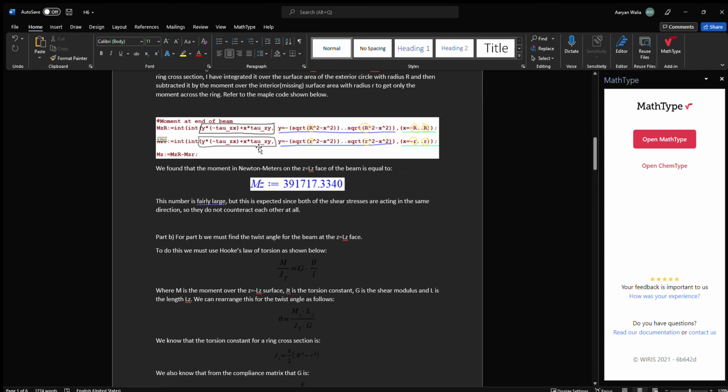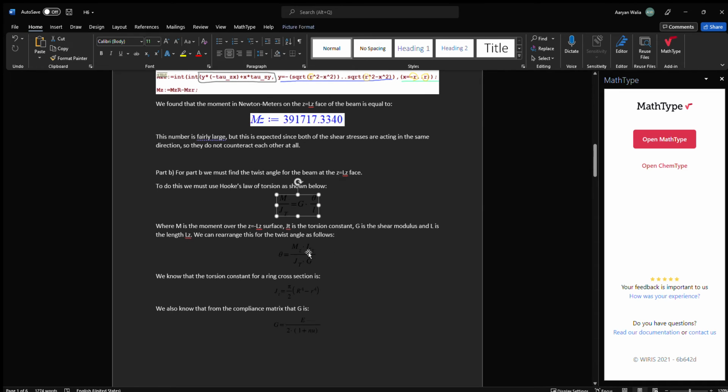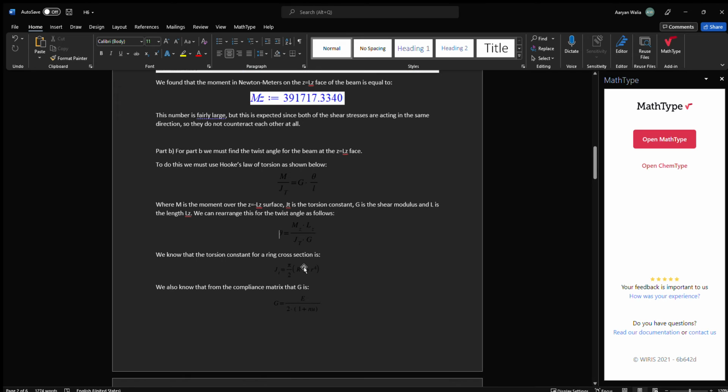So we answered that. And then for part B, we need to find the twist angle. We're going to use Hooke's law of torsion, rearranged for theta. We already have the moment from the past section, and L_z is given because the question says to find it at the z equals L_z face.